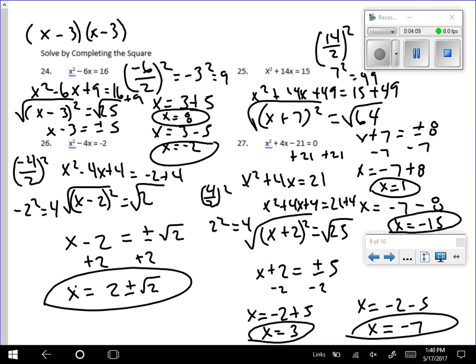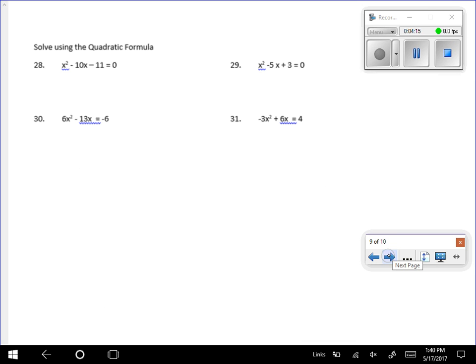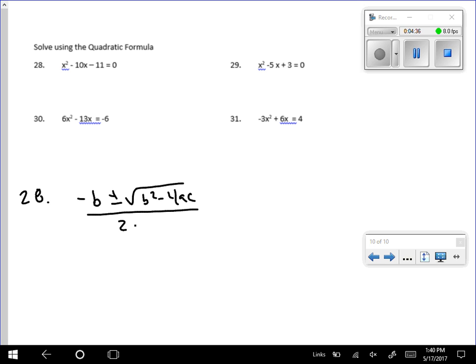All right. We have one piece left, quadratic formula. You will have the quadratic formula listed for you tomorrow, so you don't need to have it memorized necessarily, but you need to understand how to make it work. So 28 here, we got negative b plus or minus the square root of b squared minus 4ac all over 2a.